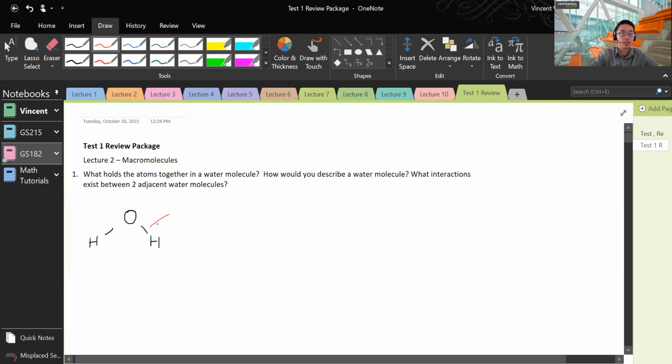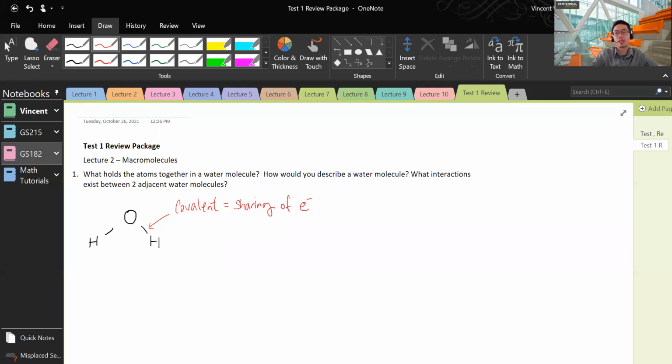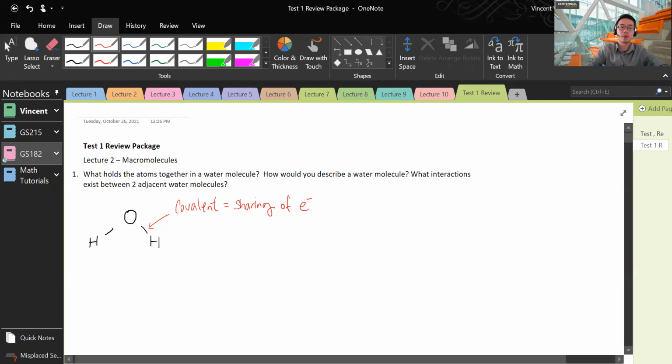Yep, Moira said this is a covalent bond. That is correct. So in covalent bond, we have a sharing of electrons. Now, this sharing is not necessarily going to be an even sharing. Okay, we have one atom potentially pulling the electrons toward itself a little bit more, and that is the oxygen.